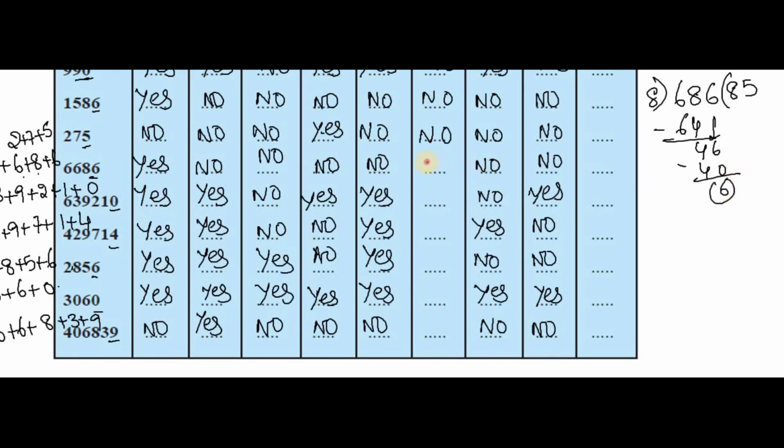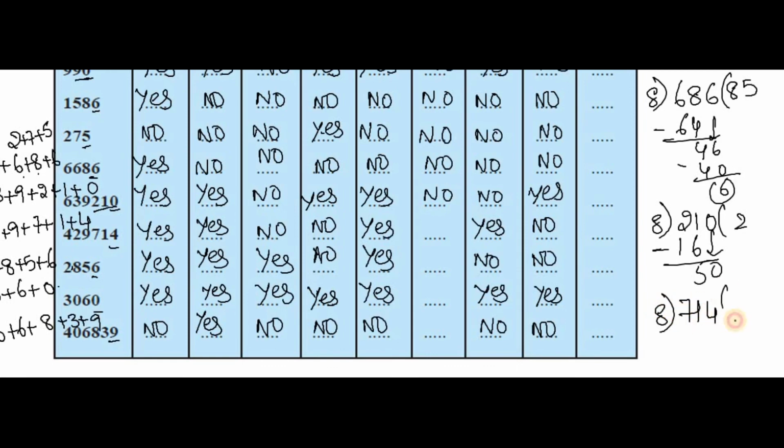So it is not divisible. And now it is 210. 8 twos are 16, then 50. No, not divisible. 714. 8 eights are 64, 8 nines are 72. So that is the reason, the smallest number, 114, 11 minus 4 is 7 and 4 will come. 74 is not there in the 8 table because 8 eights are 64 and 8 nines are 72.